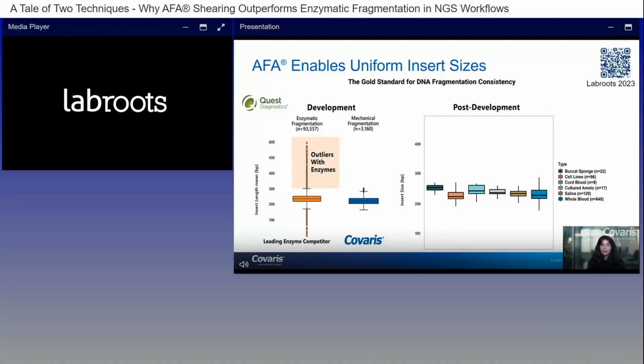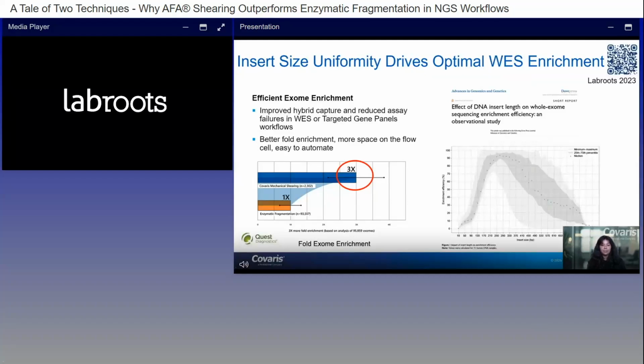And uniformity can have impacts upstream of sequencing as well. Whole exome sequencing, for example, relies on hybrid capture to enrich target genes. We can see in this bottom figure here that the fold enrichment achieved with Covaris ultrasonication as opposed to enzymatic shearing is about threefold.